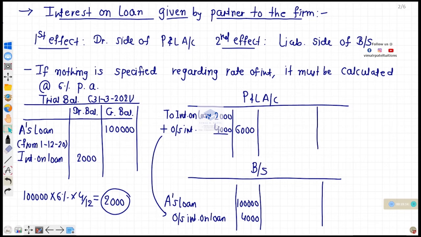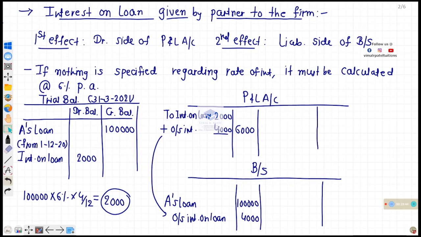Next case, goods destroyed by fire 10,000. Insurance company admitted 60% of claim. The insurance company gave us 60% of the amount. Often it happens that the full insurance claim is not passed. Then there will be three effects. First, from purchase on the debit side of trading account you have to subtract goods destroyed by fire 10,000.